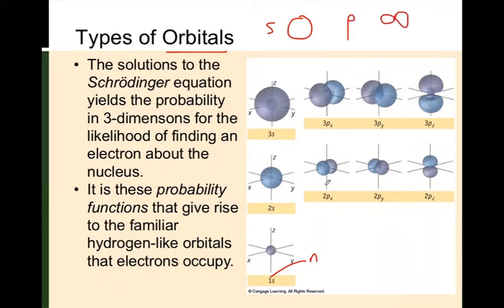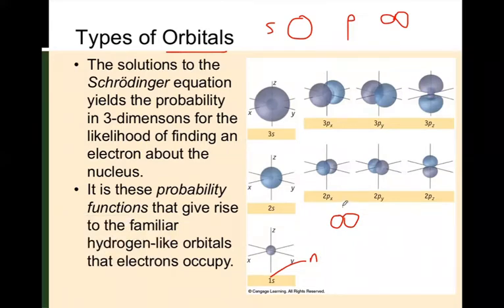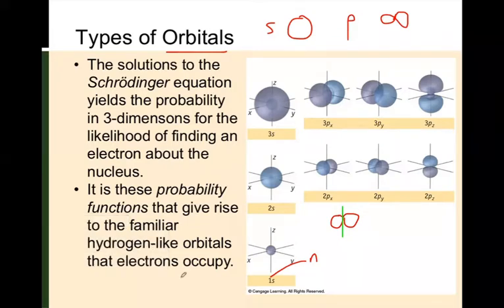So we can see here for the 2p, we have one node. We have 2 spheres basically beside each other with the node in the middle. So we have a node here down the middle where there's a gap. Think of 2 tennis balls put together.